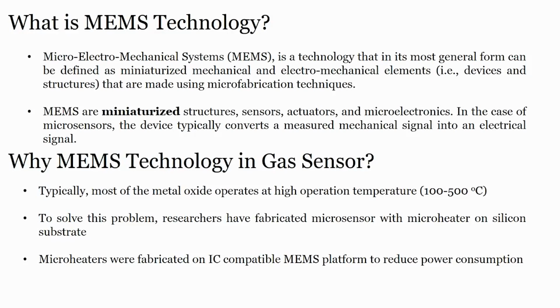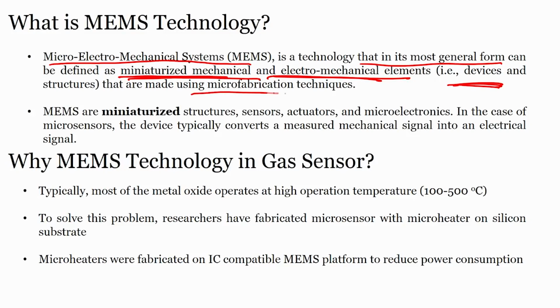We have discussed in the last slide that MEMS is micro electromechanical systems that in most general form can be defined as miniaturized mechanical and electromechanical elements such as devices and structures which are made using microfabrication techniques.